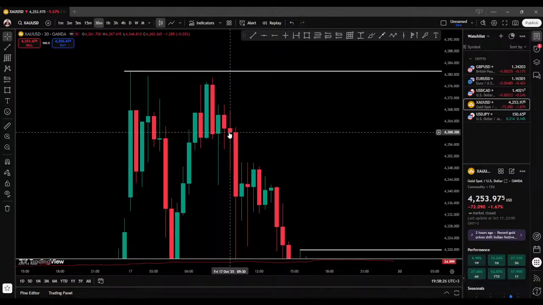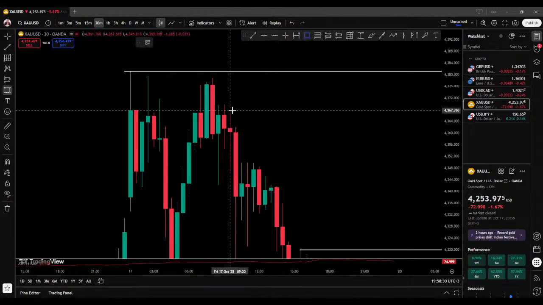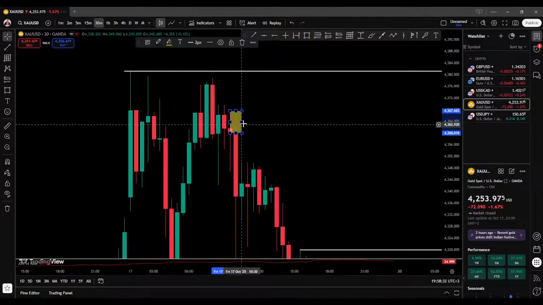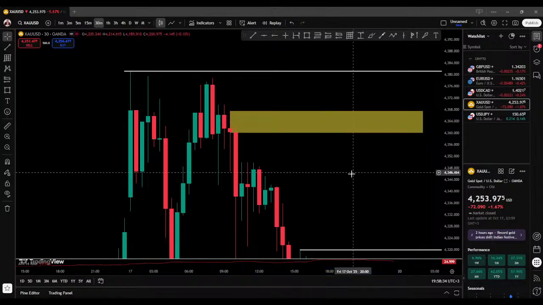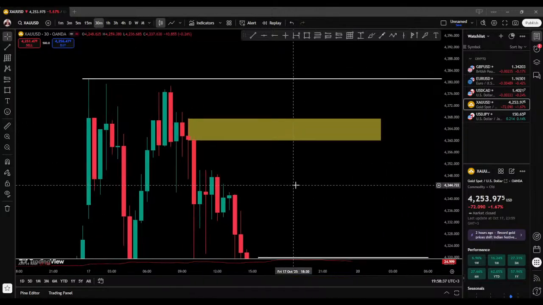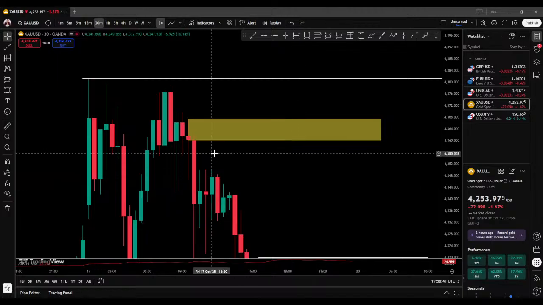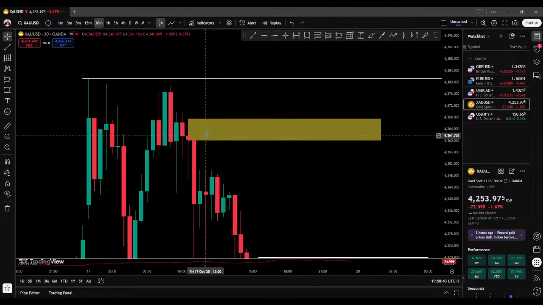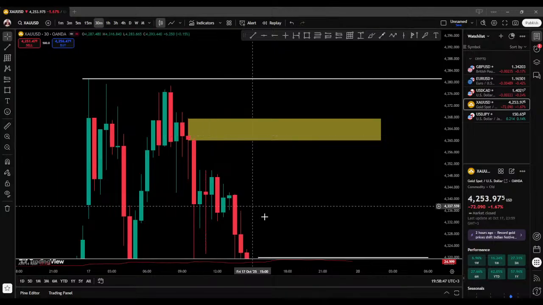So from here, this area becomes our point of interest, because this area was only retested at the base.